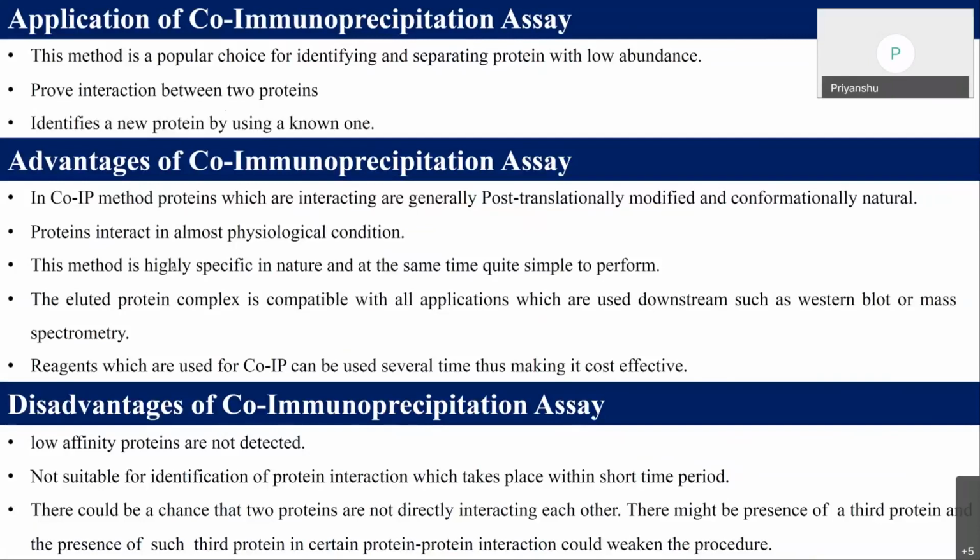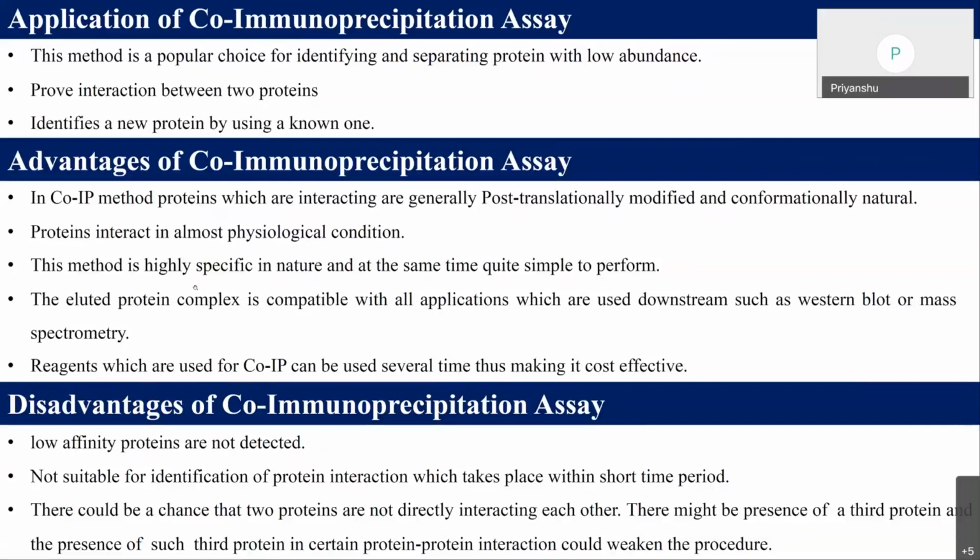This type of technique is much more important because it is used at almost physiological conditions, our body conditions. Suppose one protein in native form binds to another protein in native form. If you use denaturing conditions, the proteins are denatured and change shape, and then there is no binding at all between the two proteins.